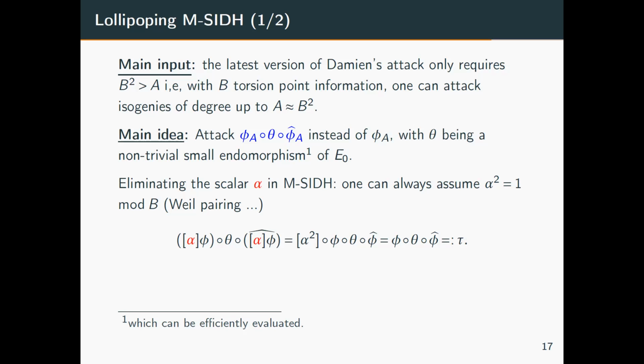That's why we need the degree of theta to be small, because if the degree of theta is very large, then the degree of this isogeny will be considerably larger compared to the amount of torsion point information you need. So when you do this composition, the magic happens, the scalar goes away, and then you get your exact action on torsion point images.